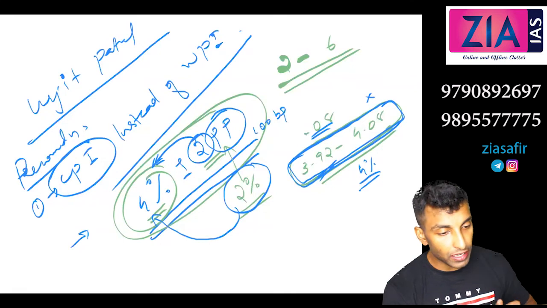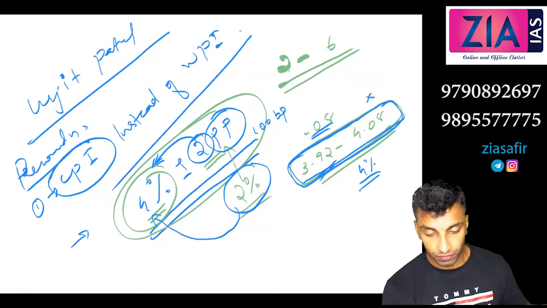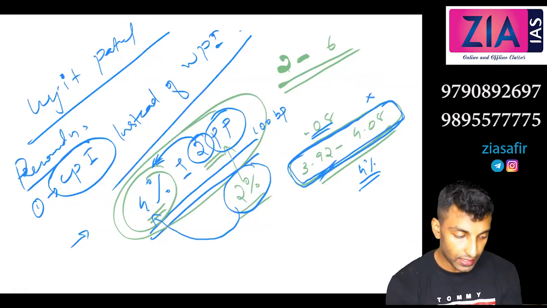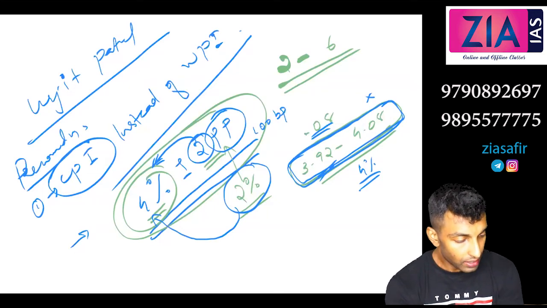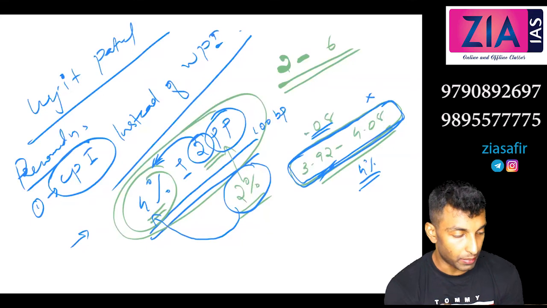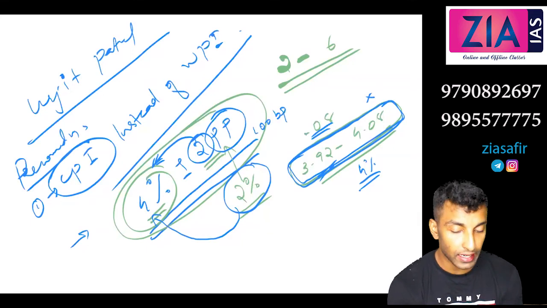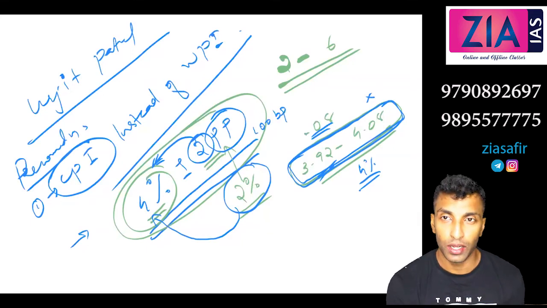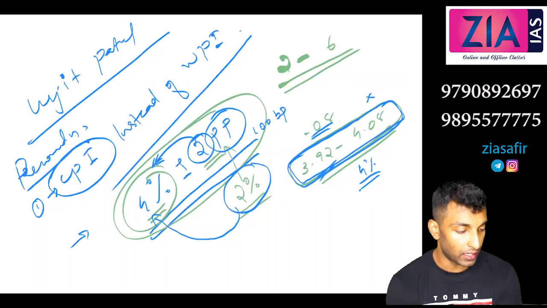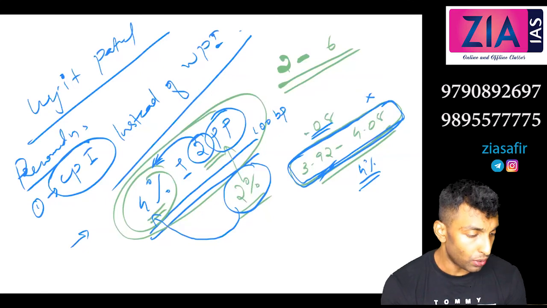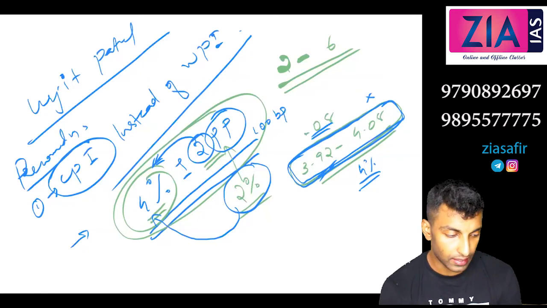What do you mean by flexible inflation targeting? Firstly it is inflation targeting, that means inflation targeting is more important. But when we use the word flexible inflation targeting, keep in mind the growth also. So the priority is obviously inflation targeting, but you have to keep in mind the growth also. So all these three, what we have discussed, is accepted.